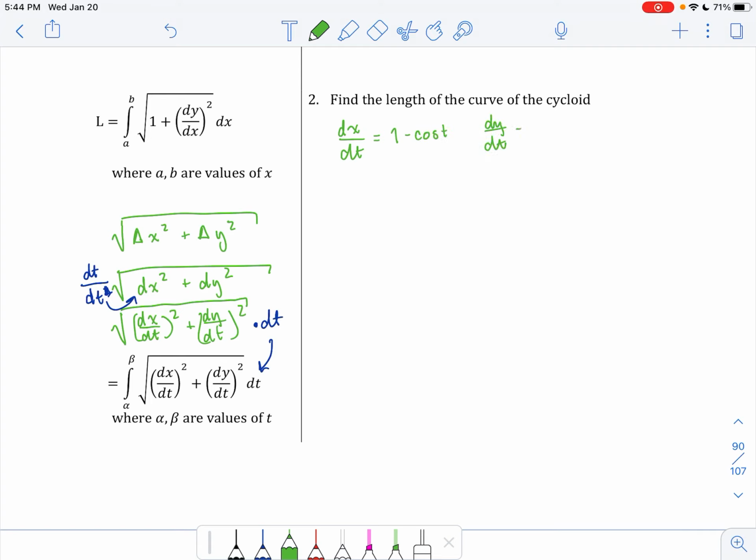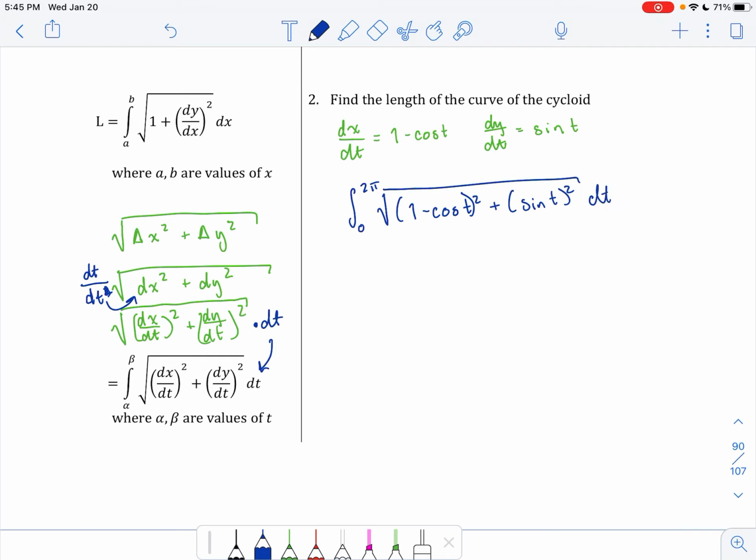Y prime, or dy/dt, would be sine of t. So then the length of the curve, for one cycloid, I'm going to pick 0 to 2 pi, but you could pick whichever one you like, is the integral of the root of 1 minus cosine t squared, plus sine of t squared.